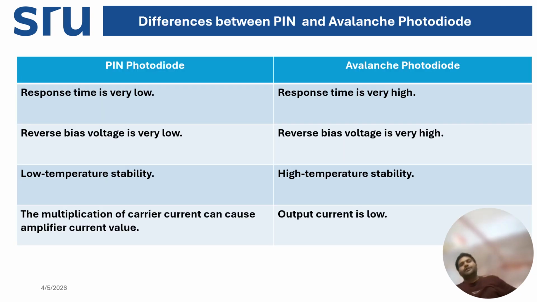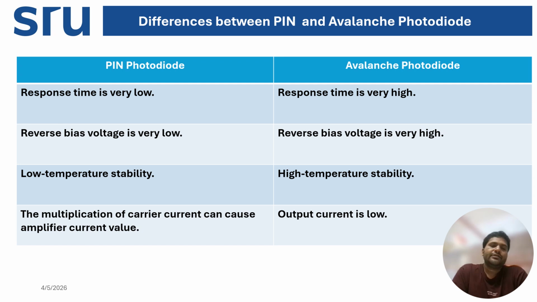So what is the difference between a PIN photodiode and an avalanche photodiode? For the PIN photodiode, the response time is very low, but for the avalanche photodiode the response time is very high. PIN photodiodes work in reverse bias with very low voltage, but the avalanche photodiode reverse bias voltage is very high.